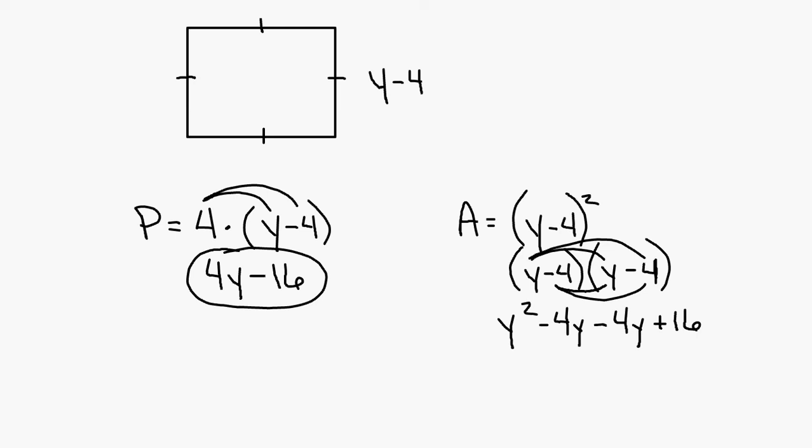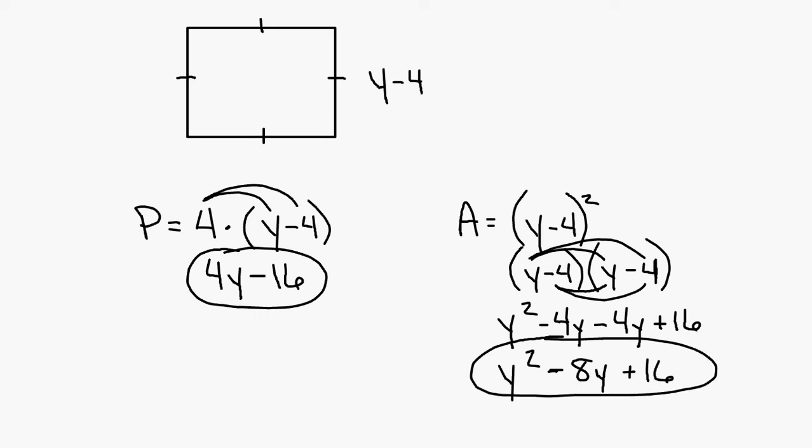So if you combine like terms, you get y squared minus 8y plus 16. There's your area. Questions?